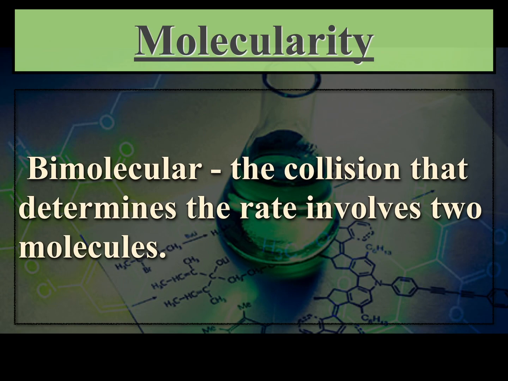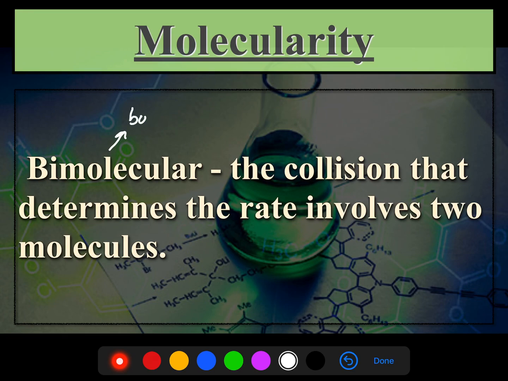Now, the reason why 2 molecules can have an effect on the speed is that in a process where bond forming and bond breaking occur at the same time, in concert with each other, then you have to have both of those molecules for that to happen.